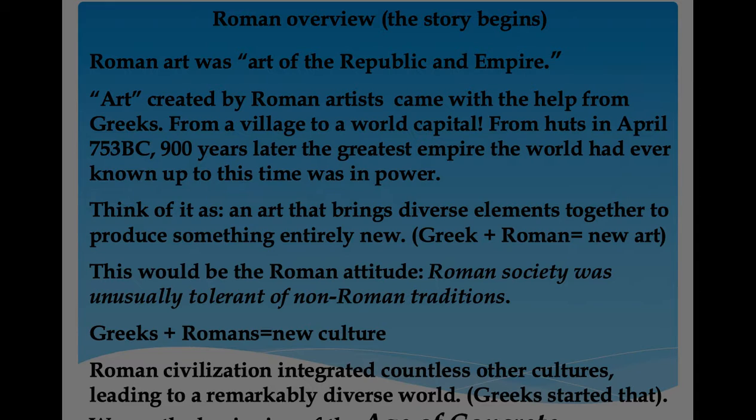Now, in terms of copying their artworks, Romans really didn't believe, as we do today, that a copy of an artwork makes it somewhat cheaper or lessens the value of the artwork. The copies were more like variations rather than direct copies for the Romans.